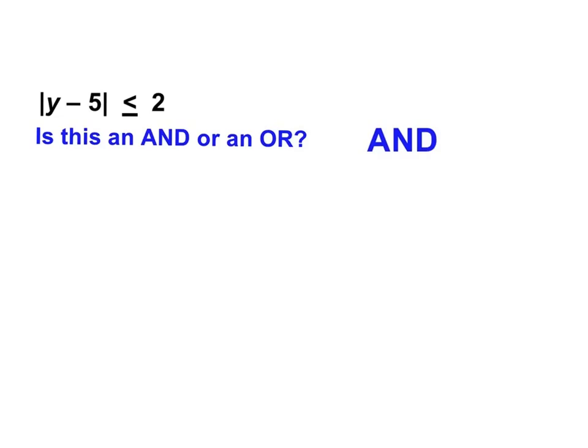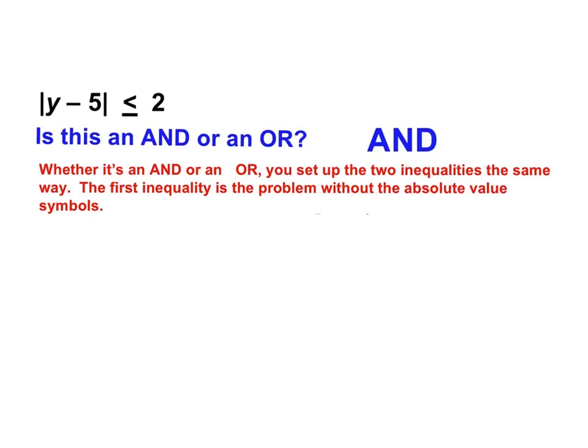Now, how we set up our two inequalities, because remember, an absolute value inequality is really a compound inequality in disguise, which means there are two inequalities here. Let's go through each one and how to write them. One of them's really easy, one of them's got a little twist to it. The first inequality that you're going to write is really simple. It's simple because it's just like the absolute value equations.